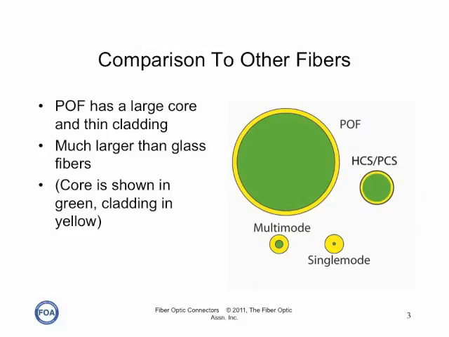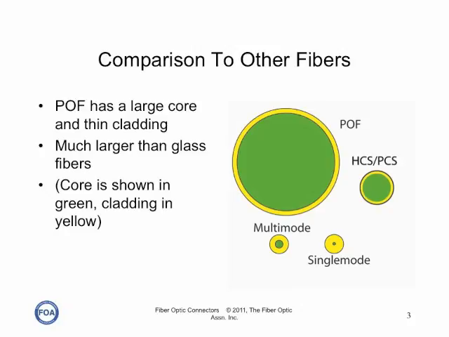This slide shows the typical size comparisons for both glass and plastic fibers. A multi-mode fiber has a core diameter of about 50 microns and an outside diameter of 125 microns. Single-mode fiber has a core diameter of slightly less than 10 microns and an outside diameter of 125 microns also.